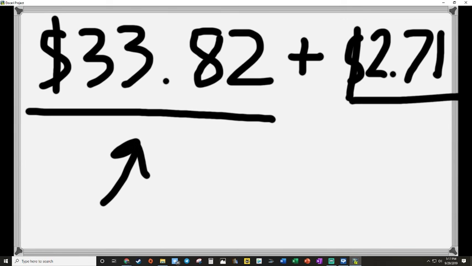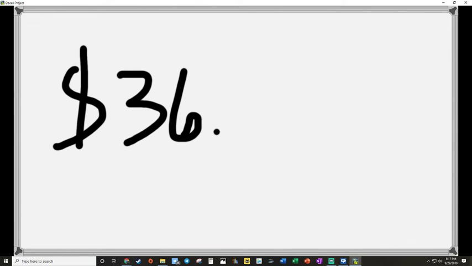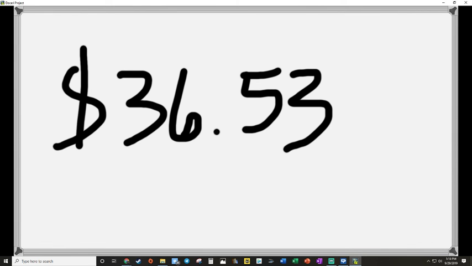So now what we've got to do is add these two numbers together to figure out how much Morgan spent total for both the shoes and the socks, with the taxes added, which gives us $36.53. So Morgan bought 3 pairs of socks for $1.29 each and a pair of shoes for $29.95 with a sales tax of 8%, and she spent $36.53.